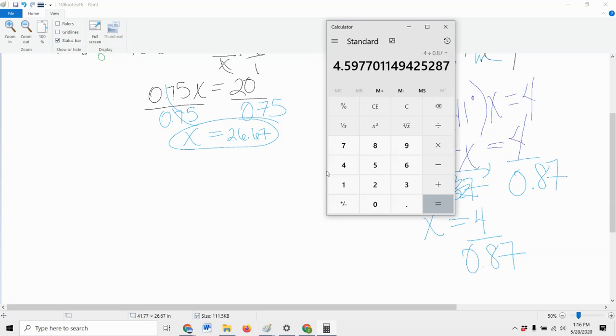But because the 7 is 5 or above, we're going to round this up and end up with 4.60, because that 9 doesn't have anywhere to go. That's going to have to go to a 0 and bump that 5 to a 6. 4.60 is what we'll end up with.